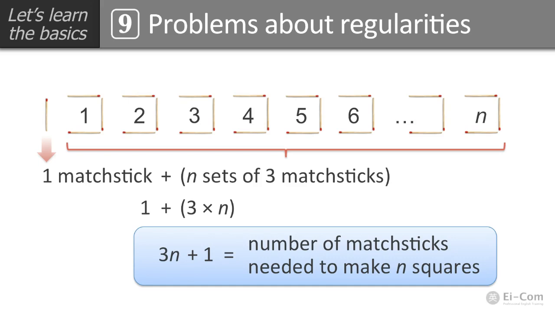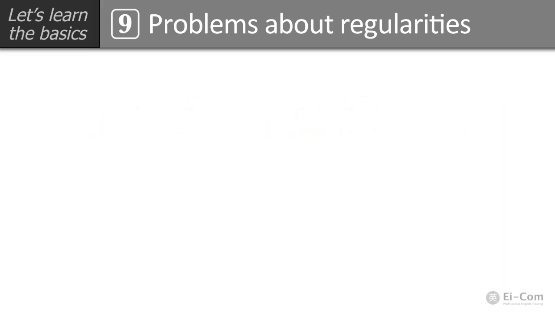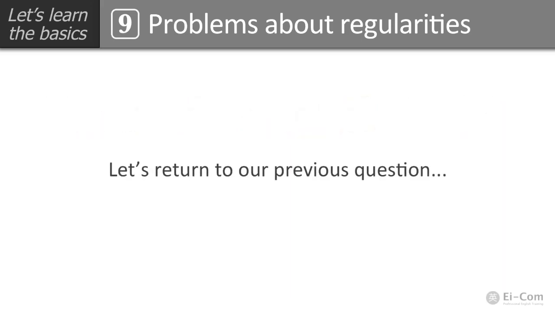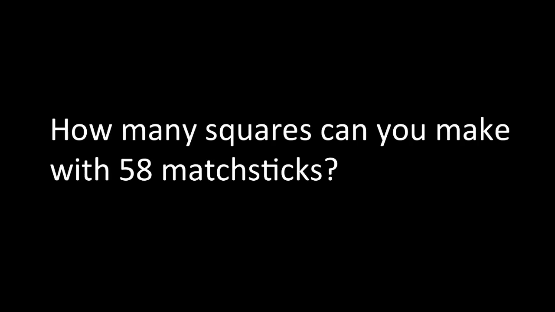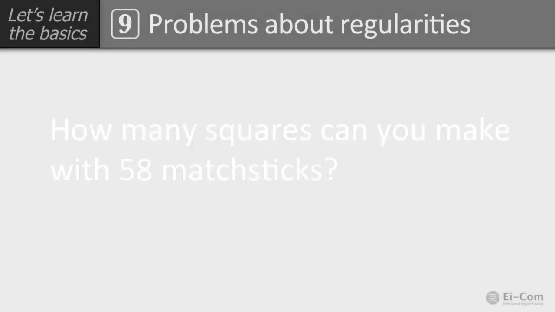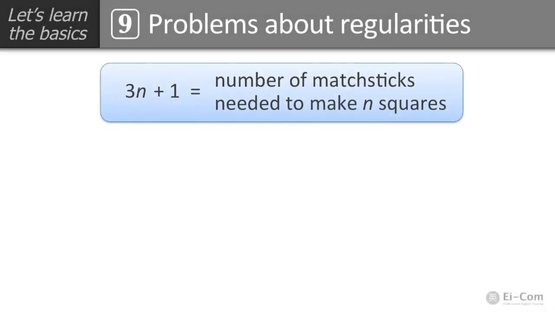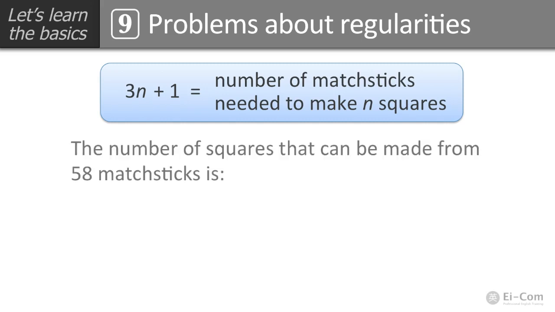Now let's return to our previous question, which was, how many squares can you make with 58 matchsticks? Since 3n plus 1 is the number of matchsticks needed to make n squares, the number of squares that can be made from 58 matchsticks is given by 3n plus 1 equals 58.